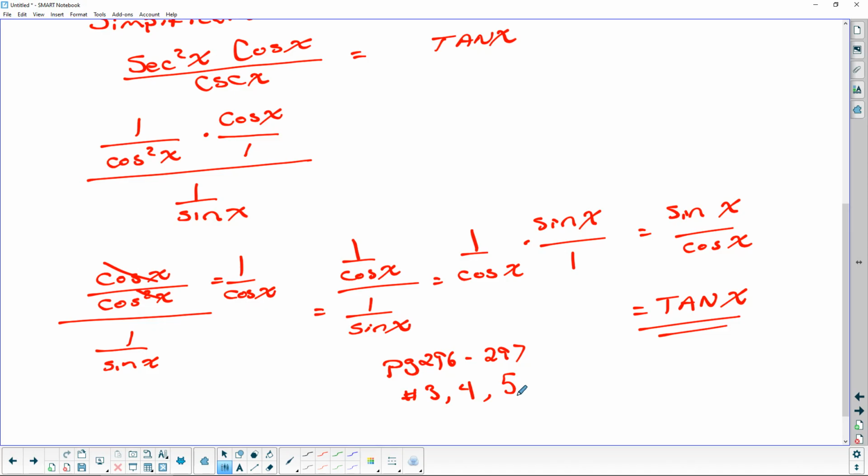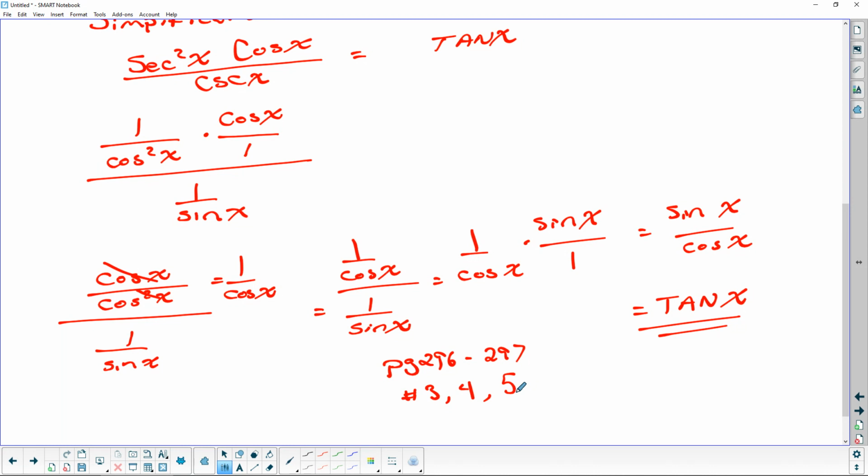Let me look at that just to make sure that it's not too complex. So let me just pull that out of here. Let me get my book here. 3, 4, and 5, 297. I haven't looked in here for a while. Yeah, so this is the beginning of chapter 6. 3, 4.